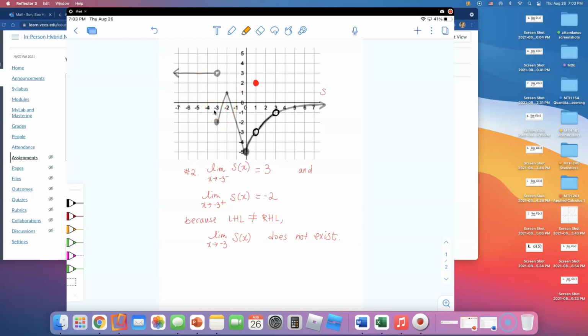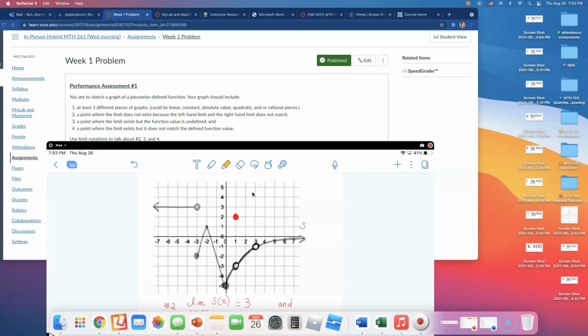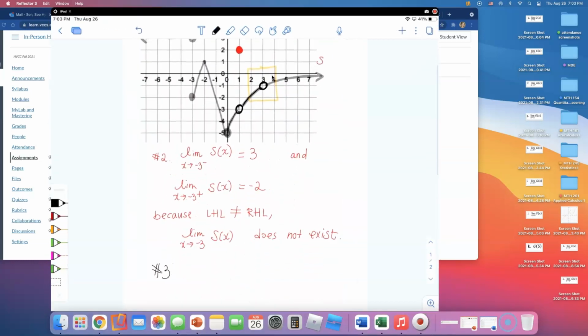All right, number 3. Let's explain number 3 using all these limit notations. Number 3 was a point where the limit exists, but the function value is undefined. Okay, so that's this point right here. I can say that the limit of s of x as x approaches 3 is equal to -1.